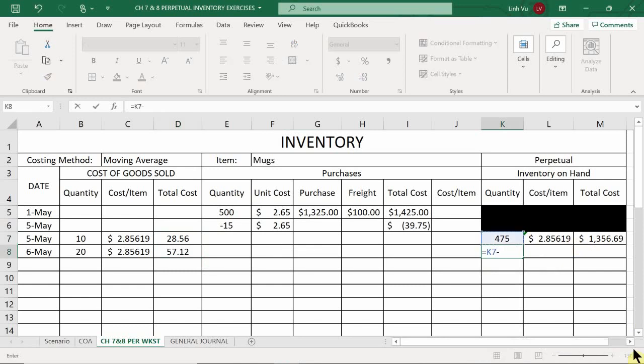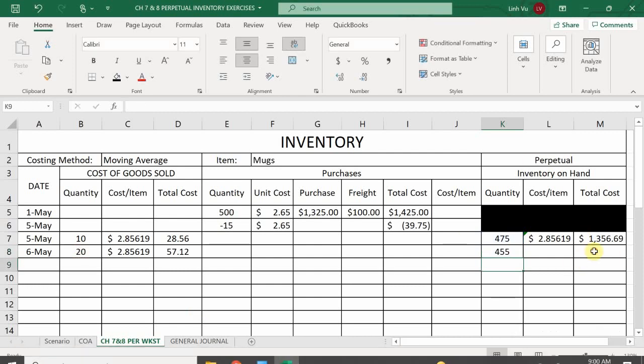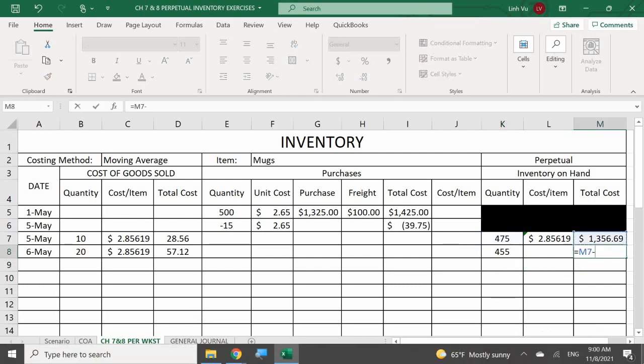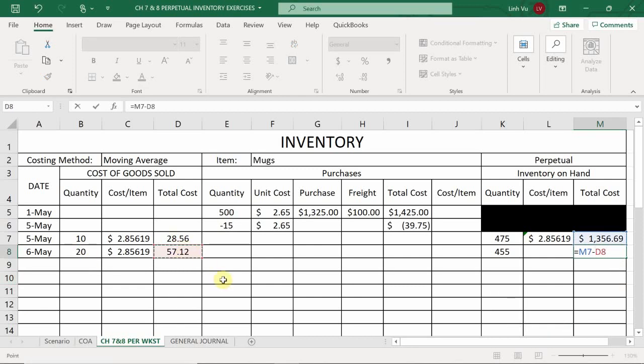In this case, I sold 20 units. So what is my new quantity? What's my new total cost? $12.99.57.